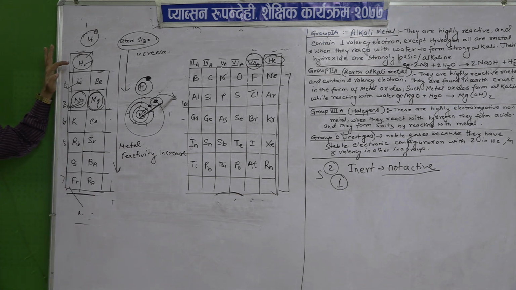The losing of an electron will be easier for lithium than hydrogen, then sodium than lithium, potassium than sodium, rubidium than potassium, and calcium from radium, and francium for the rest.